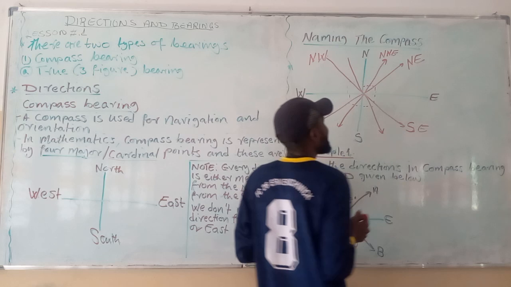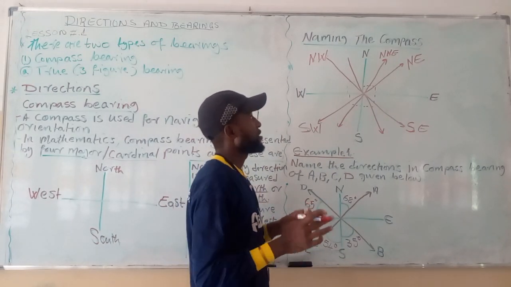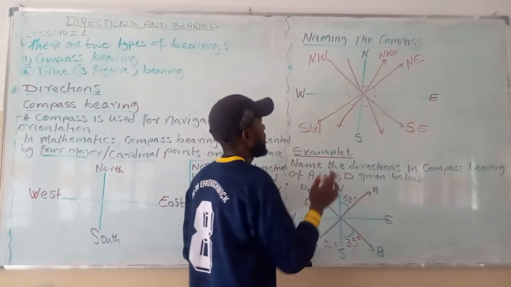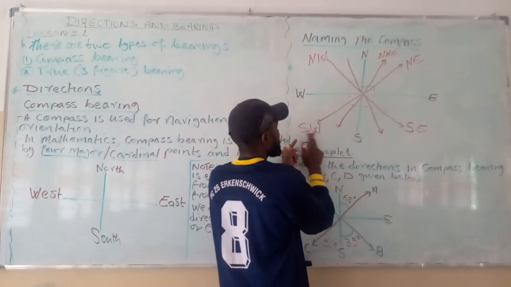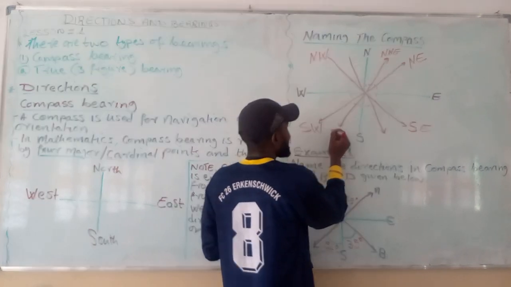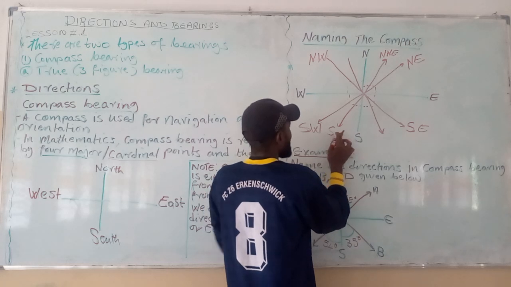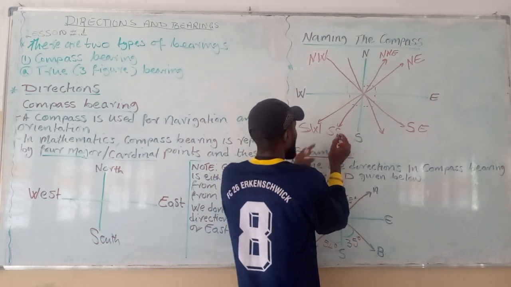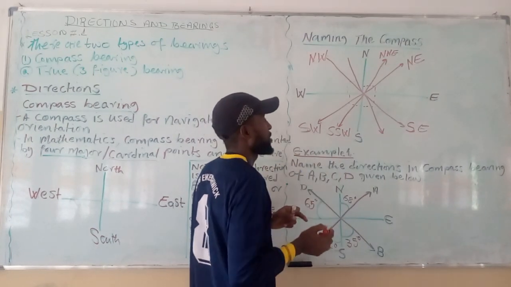Keep in mind, these are very simple things. We are just trying to name the compass. Then what about this direction? This direction is in between south and southwest. So we write our south there. Then what will come next? South again. Next, west. So this direction will be south, southwest.